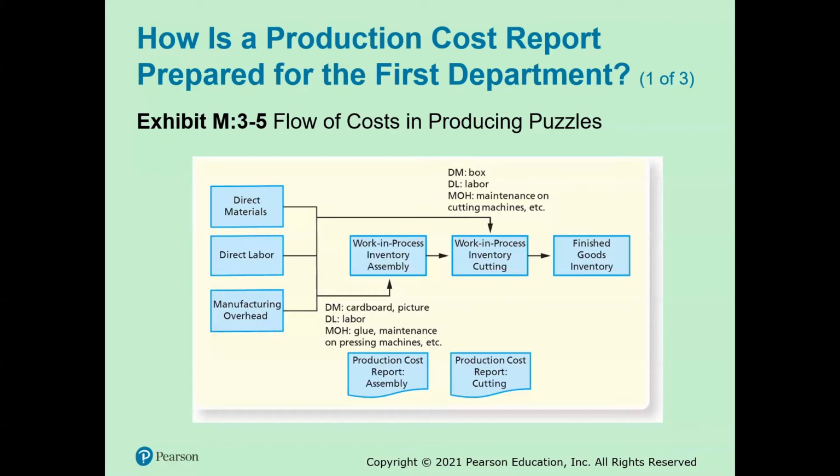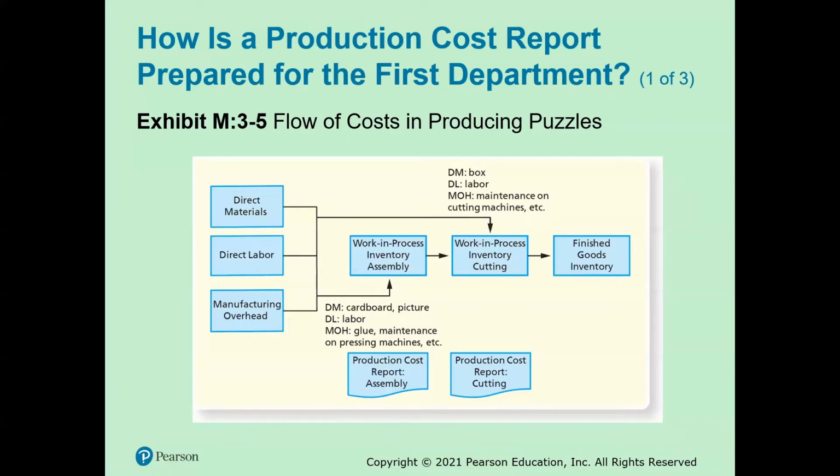So the costs of producing puzzles are the cost of direct materials, direct labor, and manufacturing overhead. And they are entered on the work in process inventory for assembly.